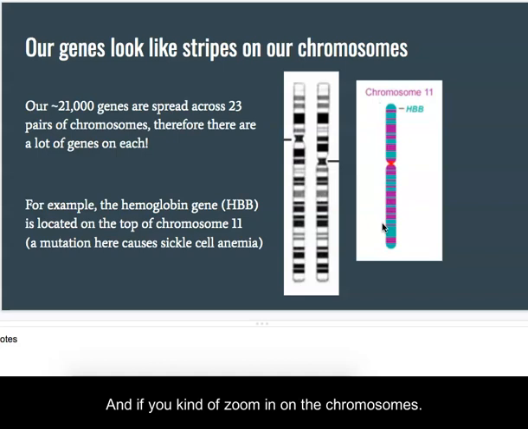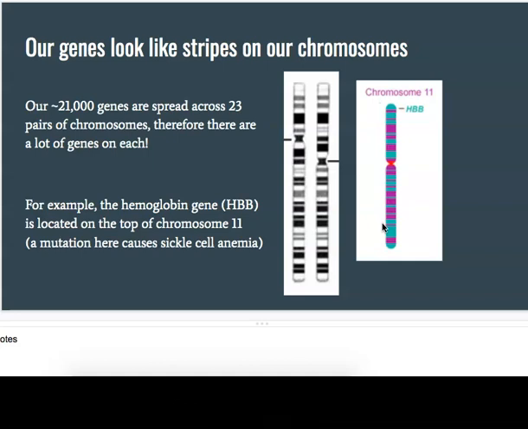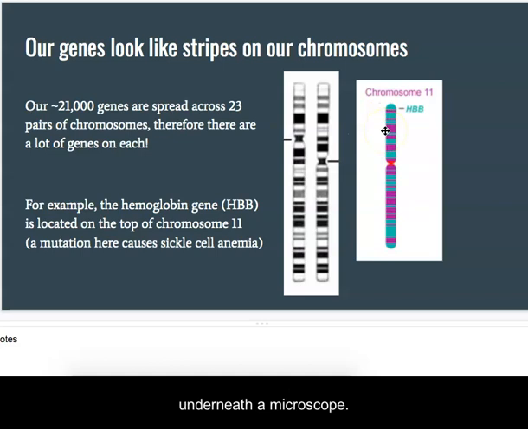And if you kind of zoom in on the chromosomes, the 21,000 genes are spread across those 23 pairs. So each one of our chromosomes has a ton of genes on it. And so we often can see it in these banding patterns when we stain and look at chromosomes underneath a microscope.